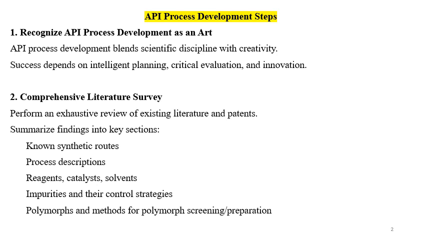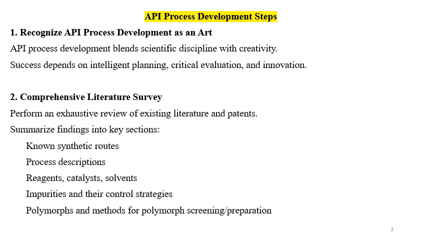A comprehensive literature survey is to be done as a second step. So the literature review, literature search is done. In this, perform an exhaustive review of existing literature and patents so that you can get more information about the literature available about the API process.